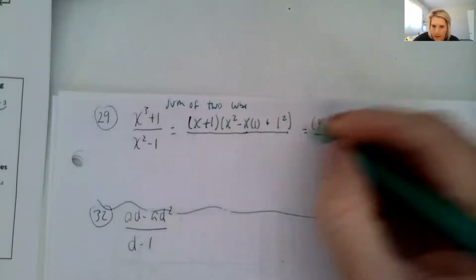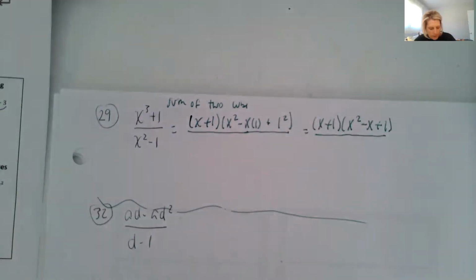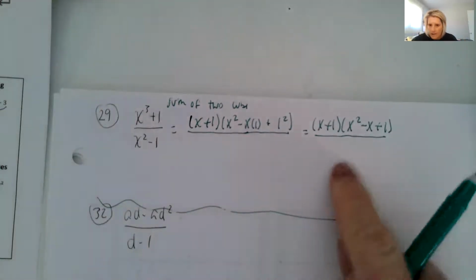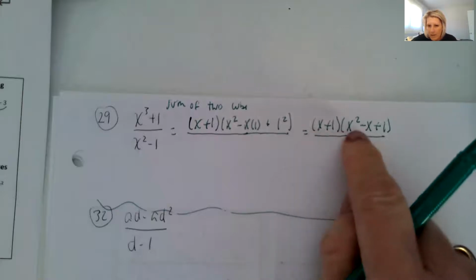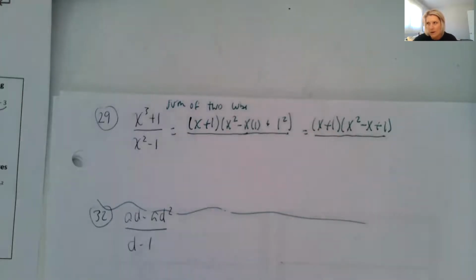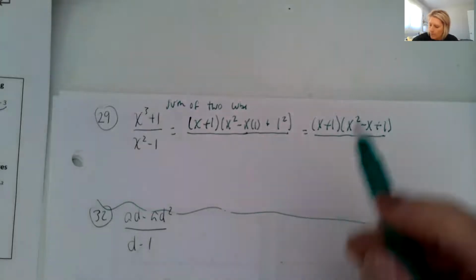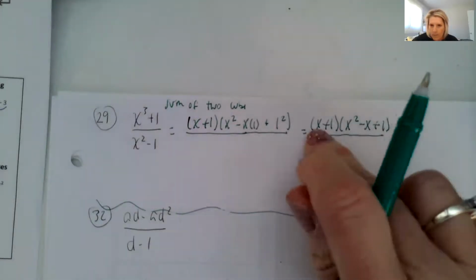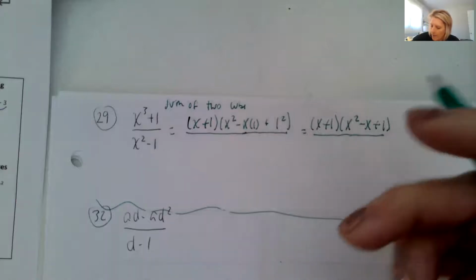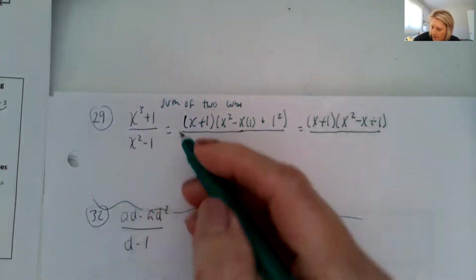Now those cannot be factored anymore. If your a and b, your x, was actually an x squared or an x to the 4th or something, it could maybe still be factored a little bit more. But this one stops here at the x plus 1. So we know they're both done being factored. Now the bottom is a difference of squares.